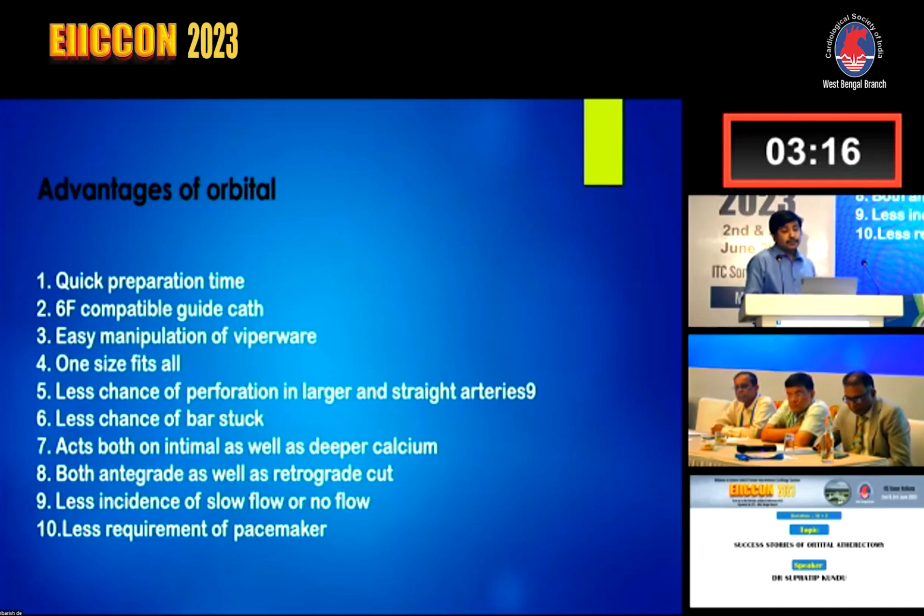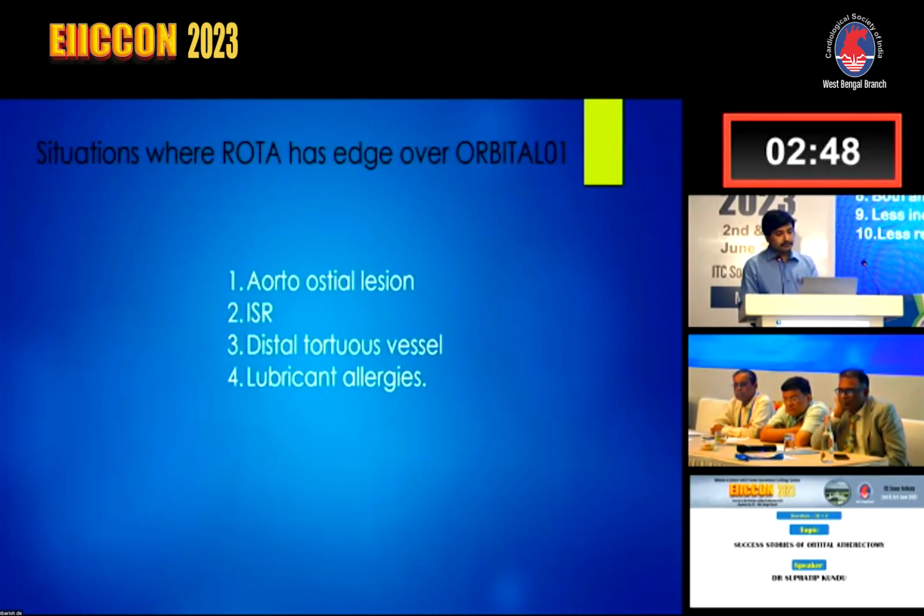Fourth, one size fits all. That means you can use the 1.25 bar for all types of arteries. There is less chance of perforation in larger and straight arteries, and less chance of bar stuck, because it can cut both antegrade as well as retrograde. It acts on both intimal and the deeper calcium, with less incidence of slow flow or no flow, and less requirement of temporary pacemaker.